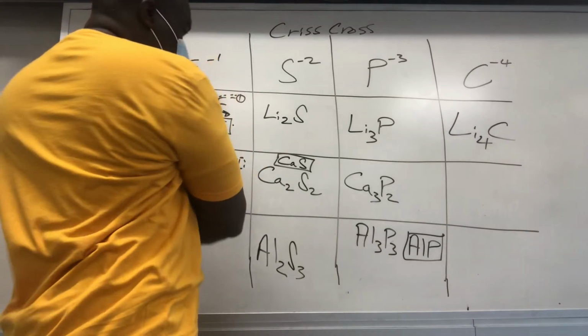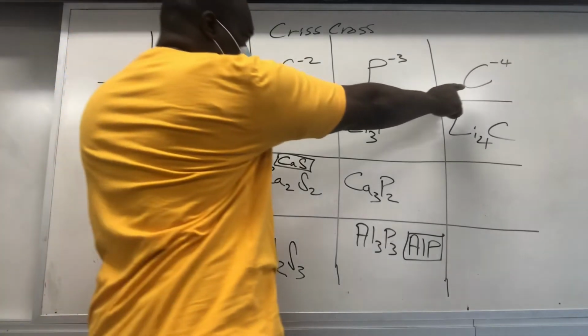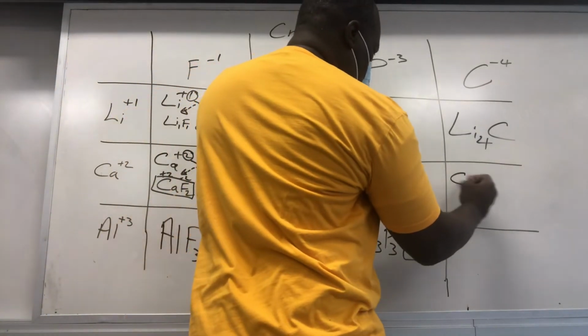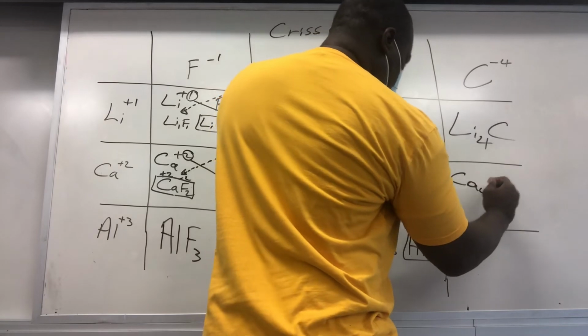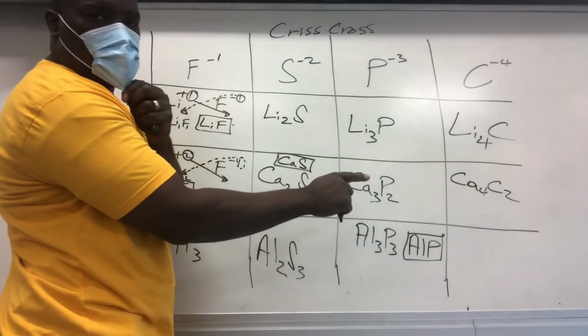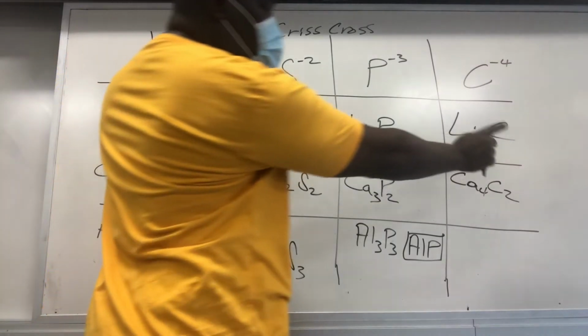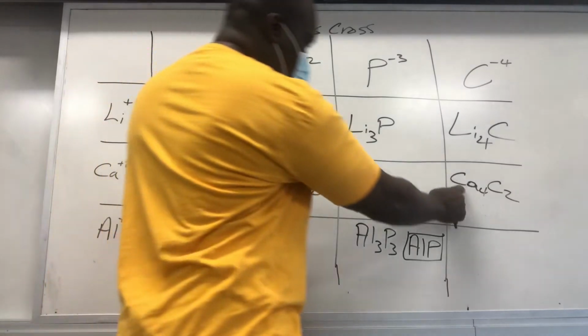With this guy right here, it's Ca, right? Ca plus 2 and carbon minus 4. You will get Ca4C2. The 2 from the calcium goes to the carbon.